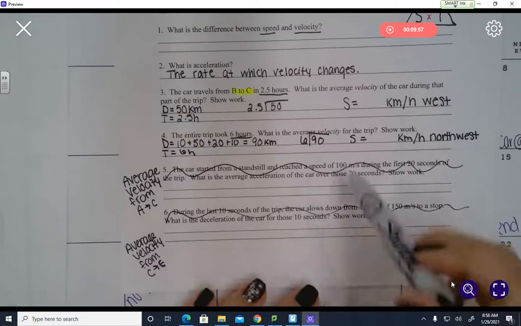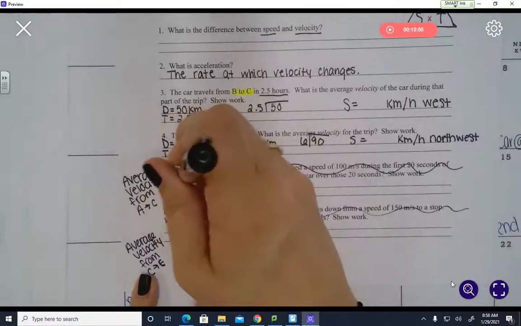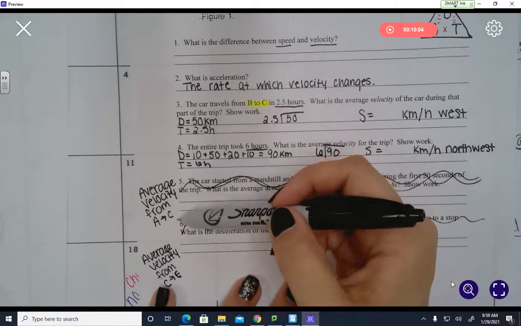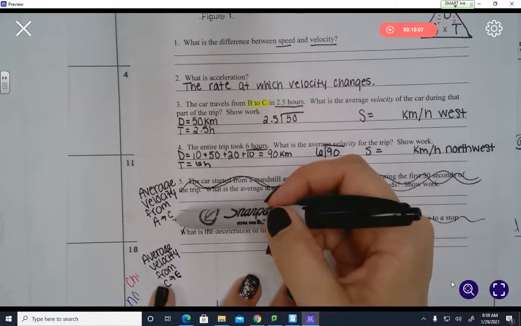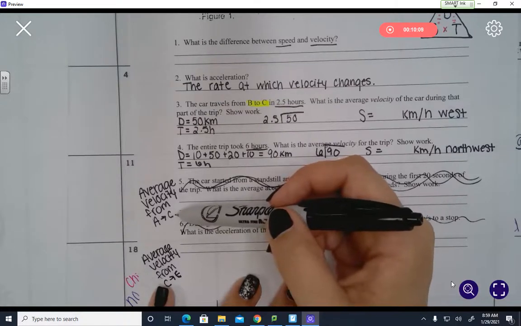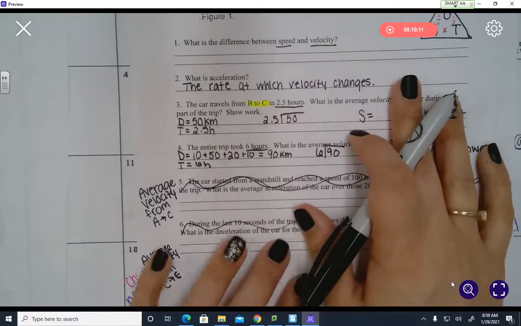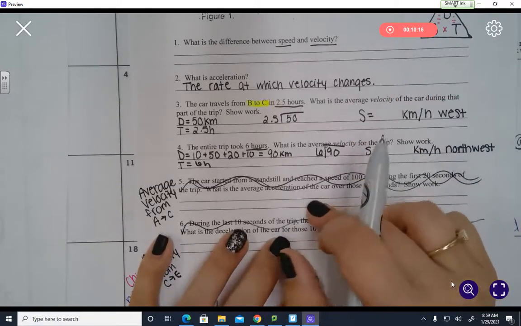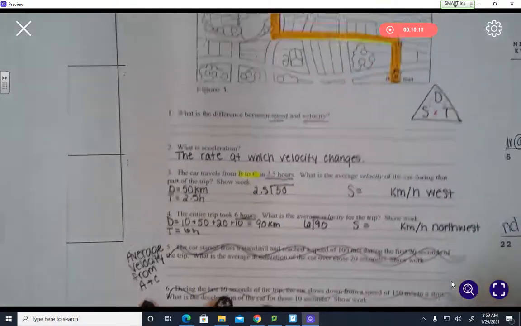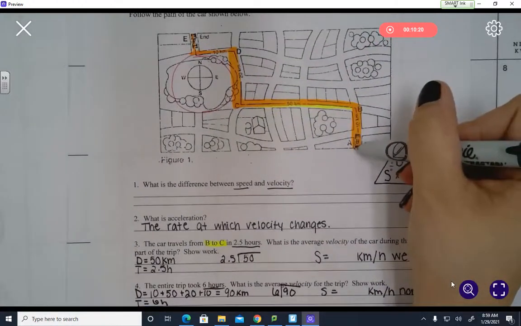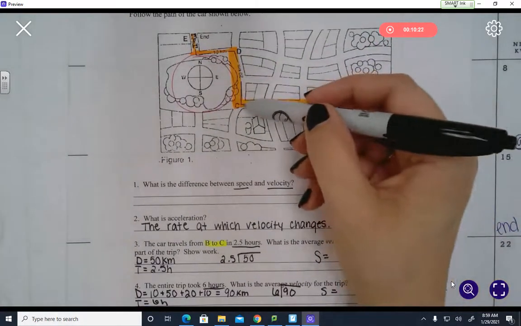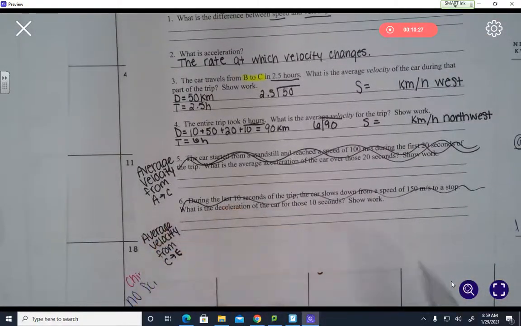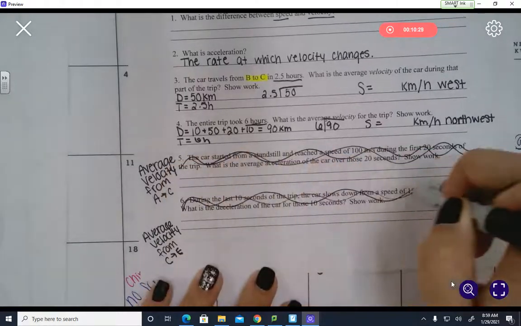So for number 5, I want you to scratch this out. And I want you to find the average velocity from point A to point C. So write that down, average velocity from point A to point C. And what that means is you're going from the start to point C. And then number 6, I want you to cross out again.